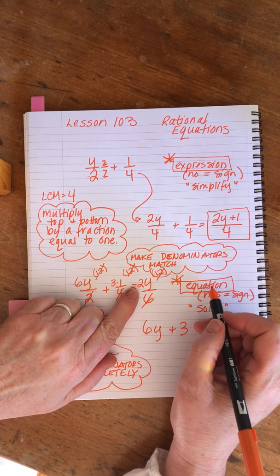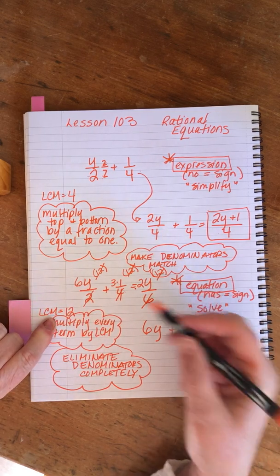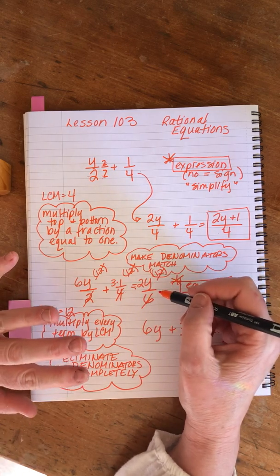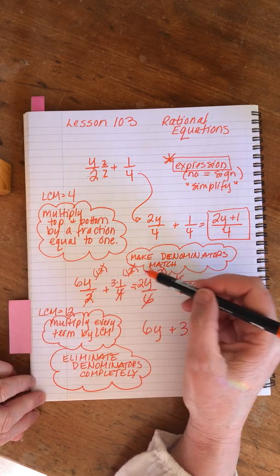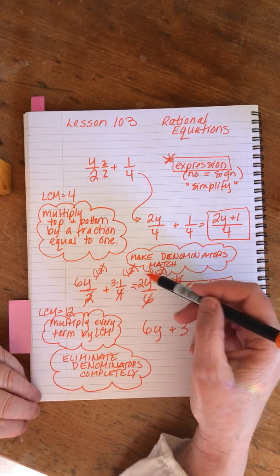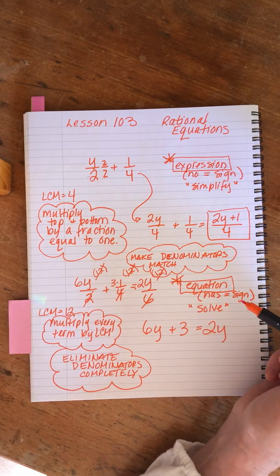If it's an equation, we still have to find the LCM, but we use a completely different strategy. We don't multiply top and bottom because that would just make the denominators match. We blow them up all together. I get kind of violent about this. I'm not going to lie. I refer to that as blowing up our denominators. And I consider these little sticks of dynamite that we carefully place.